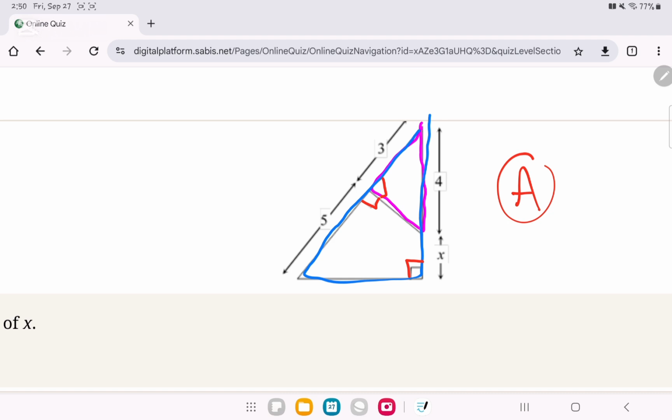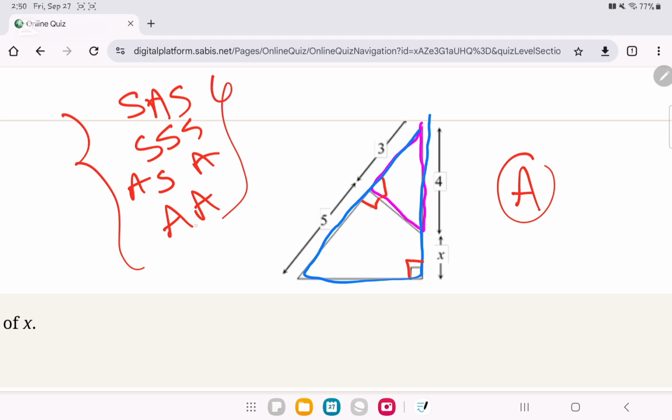We can prove triangles are similar by SAS, SSS, ASA, and AA. Now, we found an A, so definitely we're not going to be using the SSS. We have an A.